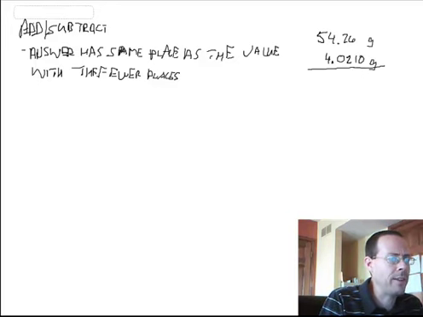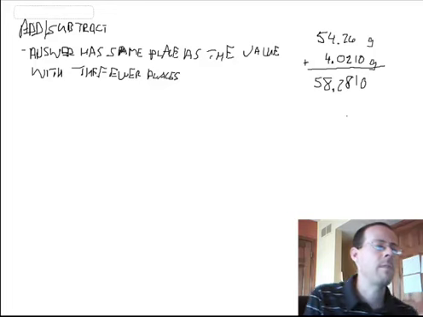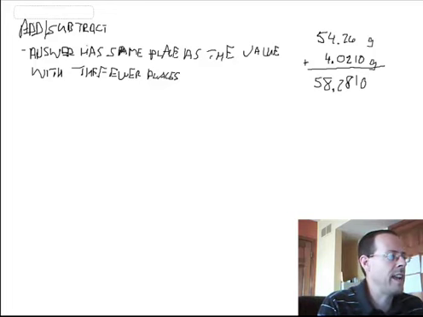Alright, so when we add these two things together, we get 8, 2, 8, 5. So what this says is the answer has the same place as the value with fewer places. Notice this value goes to 2 decimal places, and this value goes to 4 decimal places.